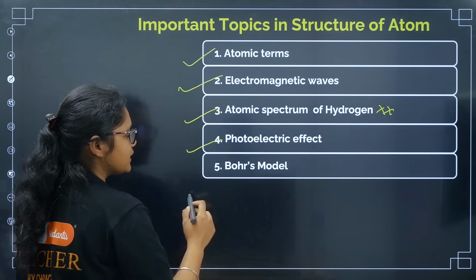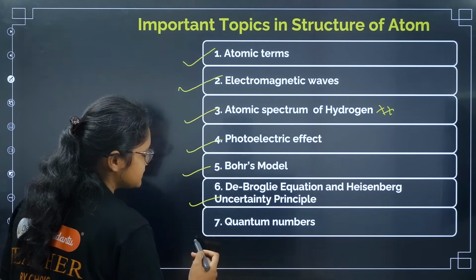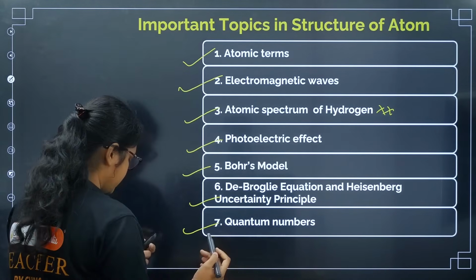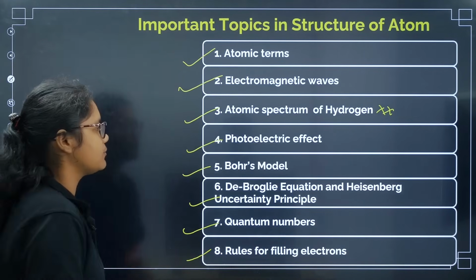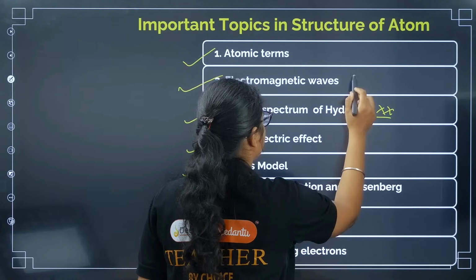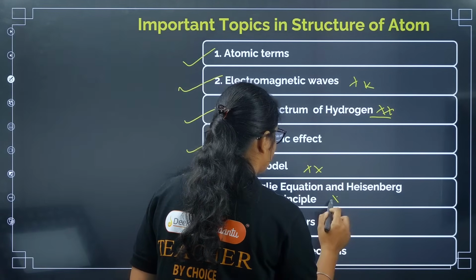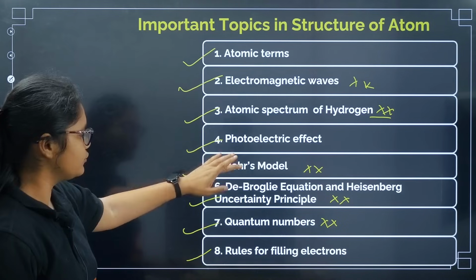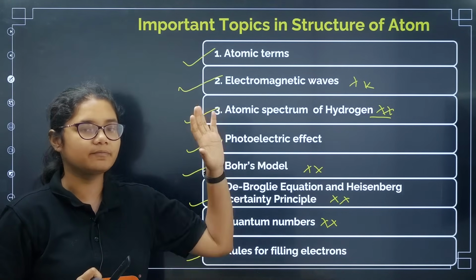Then the photoelectric effect, Bohr's model, de Broglie hypothesis and Heisenberg uncertainty principle, quantum numbers and rules for filling of electrons. The most important are electromagnetic waves, Bohr's model, de Broglie hypothesis and Heisenberg, and quantum numbers. You can say 5 topics out of 8 are very important, as questions are picked from these topics.